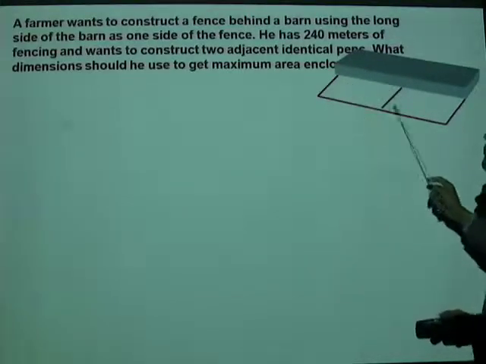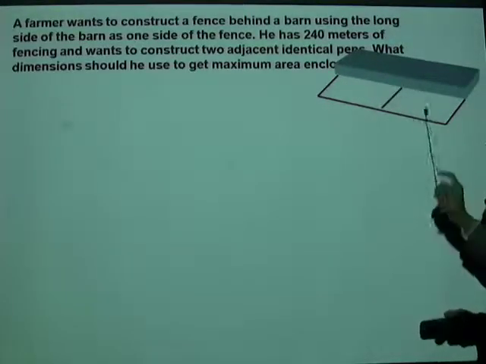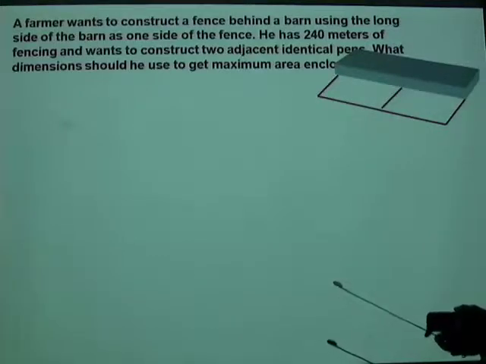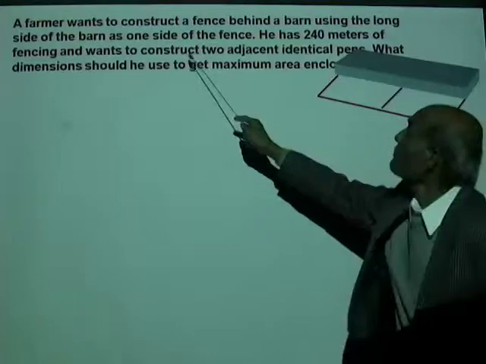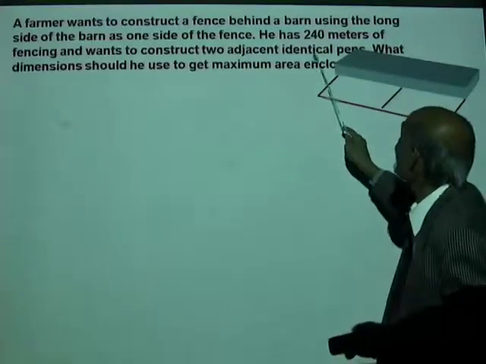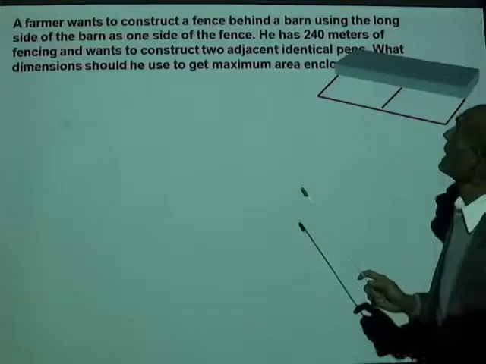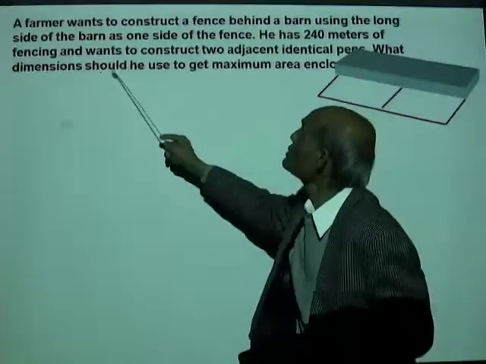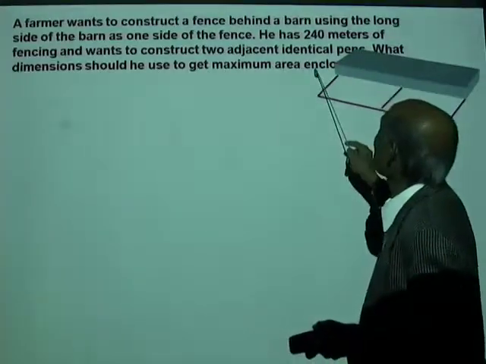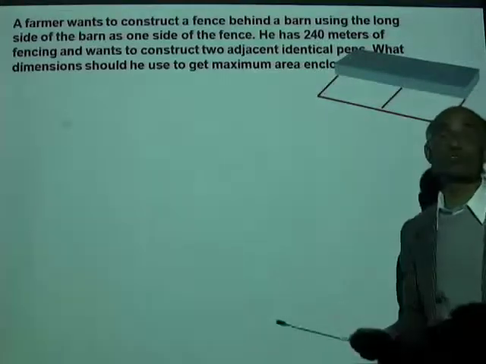And this is the fence, and he has to have two compartments. Is that right? Yes. He wants to construct two adjacent identical pens. There you are. And what dimension should he use to get the maximum area enclosed?